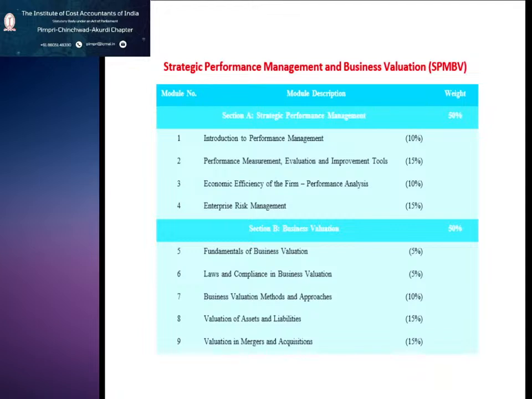Out of 4 modules, 3 have been completed. First we completed the introduction to performance management, which was almost 10% weightage. Then performance measurement, evaluation and improvement tools, almost 15% of the weightage. And third, today we are concluding economic efficiency of the firm, especially the performance analysis, almost 10% of weightage. So 10 plus 15 plus 10, that is almost 35% of the weightage of the entire paper has been completed.